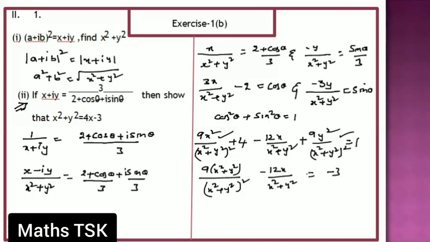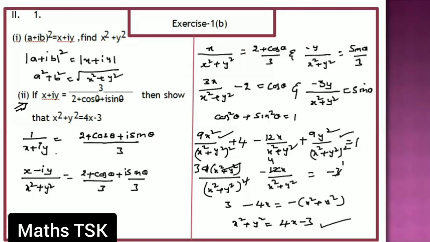Next, when you cancel with the 3, what will we get? 3 3s, 3 4s, and then 3 1s. X square plus y square gets cancelled. So when you take LCM, 3 minus 4x is equal to minus of (x square plus y square). So look at the answer. When you multiply with minus, we get x square plus y square is equal to 4x minus 3.